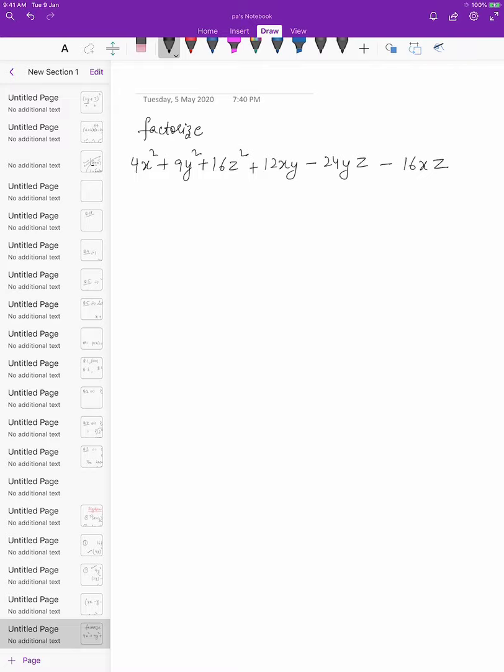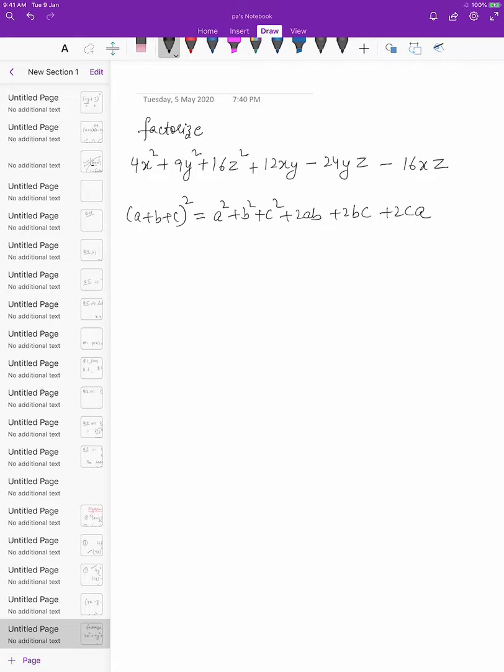Now you can see there are some negative signs as well, but right now we are not going to do anything with the negative signs. Let's first write them in that format of the identity (a + b + c) whole square is equal to what? Let me just write it here so that you can compare it with the identity: a square + b square + c square + 2ab + 2bc + 2ca.